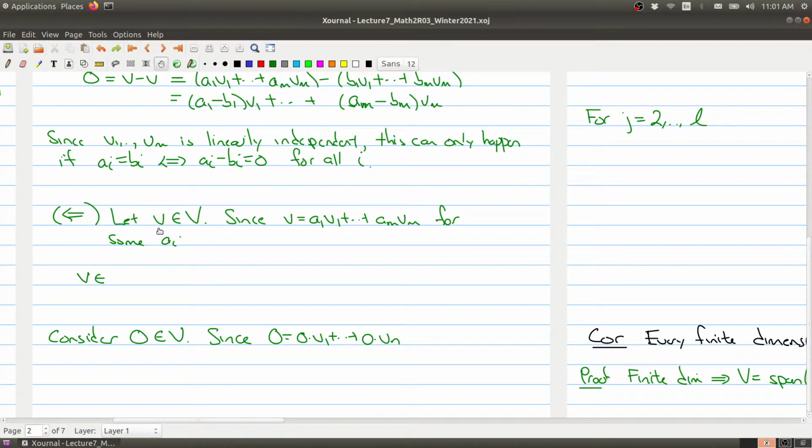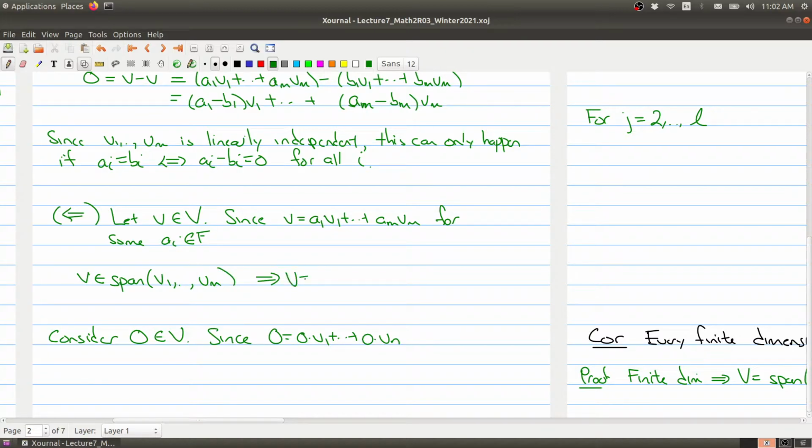Now, we take a vector V inside of V, and we were given that V can be written as a linear combination. In fact, we're given that it can be written uniquely in terms of the Vi's, but we don't need the unique part right here. So V can be written as a linear combination of V1 through Vm for some ai inside of F. So really that means that V is inside of the span of V1 through Vm.